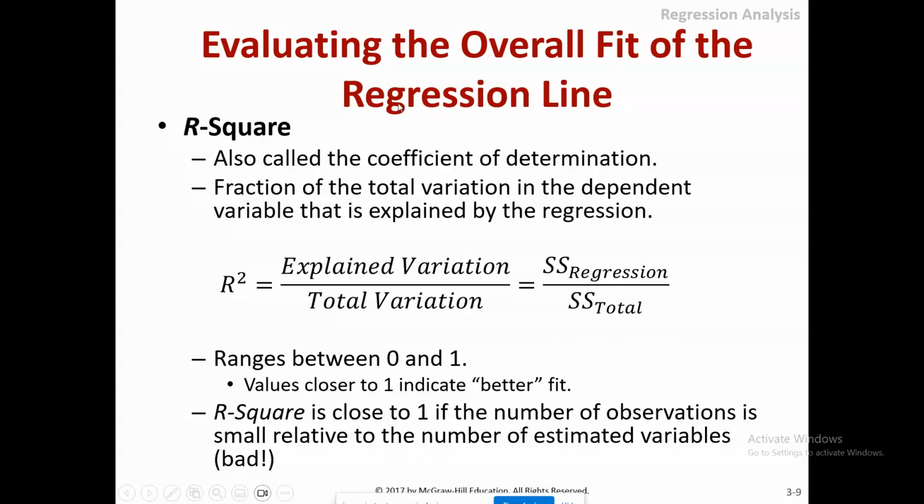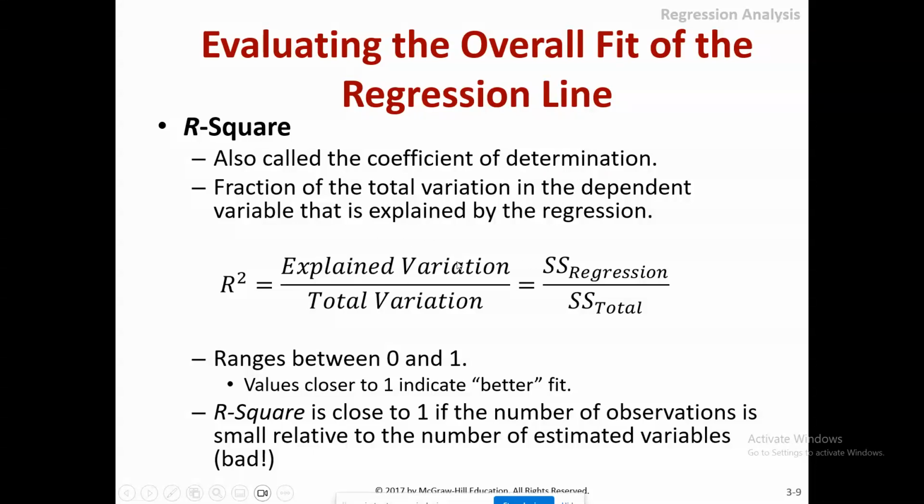It is the fraction of total variation in the dependent variable that is explained by the regression. So let's say R squared is 0.67. So 67% of the variation in the dependent variable is explained by the regression. It is also called the coefficient of determination. Okay.